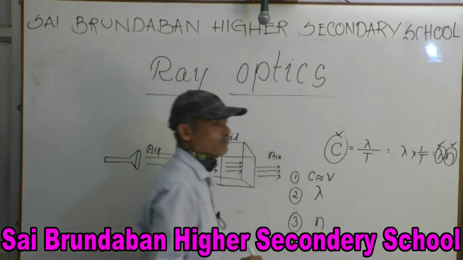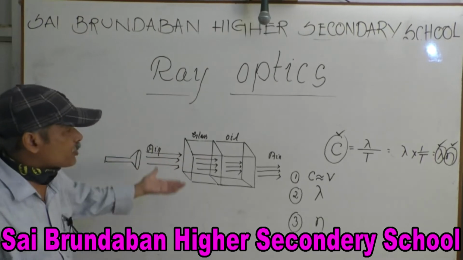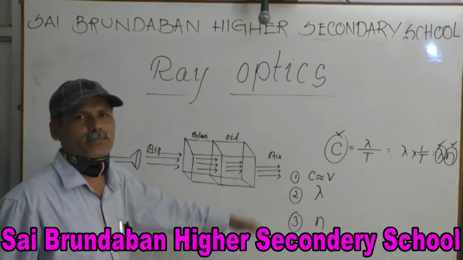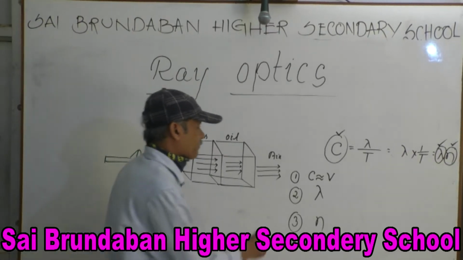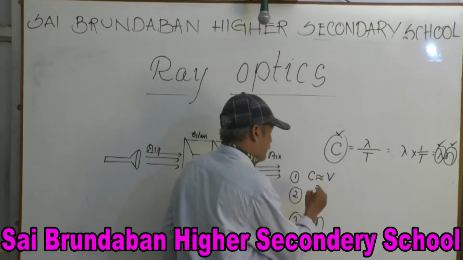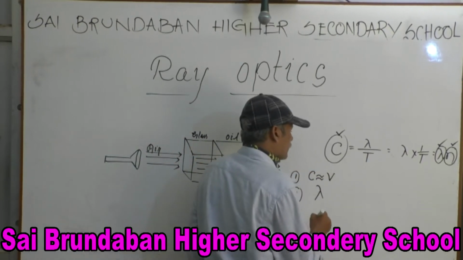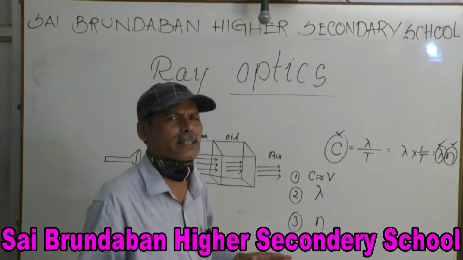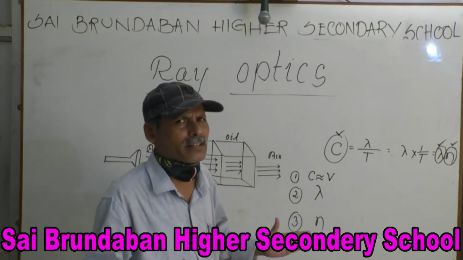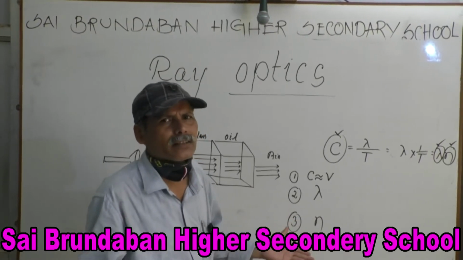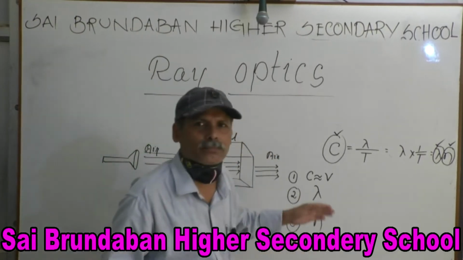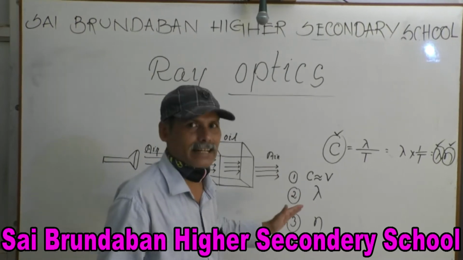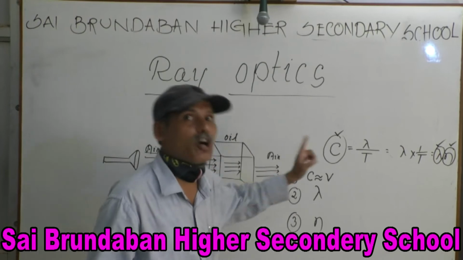Then in particular in this situation, when light propagates through different mediums, what happens? C, the velocity of light, varies. It varies, meaning it decreases from its utmost value.